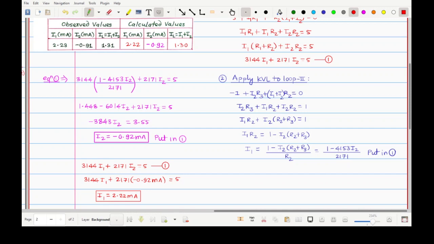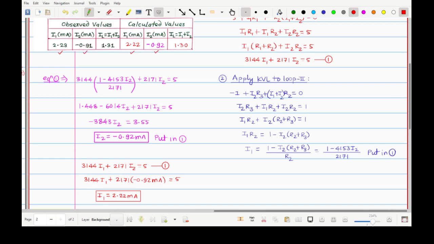Now we have to match the theoretical results with experimental results. One by one we will compare. What is the value of I1 you are getting? Theoretically 2.22 and practically it was 2.23, so almost the same value. Then I2 calculated value was minus 0.92, experimental value was minus 0.91, so again almost the same value.